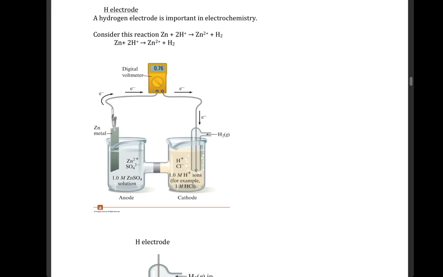What we often use is a piece of platinum metal. Platinum is pretty unreactive, because we don't want it reacting in our reaction. It's not part of our overall reaction. It's just pretty inert. It has a very high melting point. It's just not going to really change any.